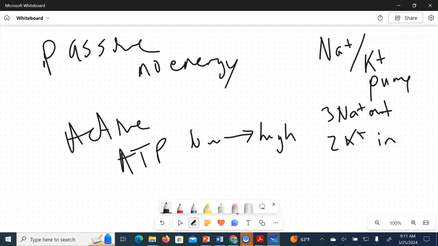This is in every cell in your body. This is essential. This is extremely important for electrolyte balance, for water balance, and for the electrochemical gradient that we're going to need to talk about when we get to the muscles and the nerves. So I really need you to know the sodium-potassium thing. 3 sodium out, 2 potassium in.